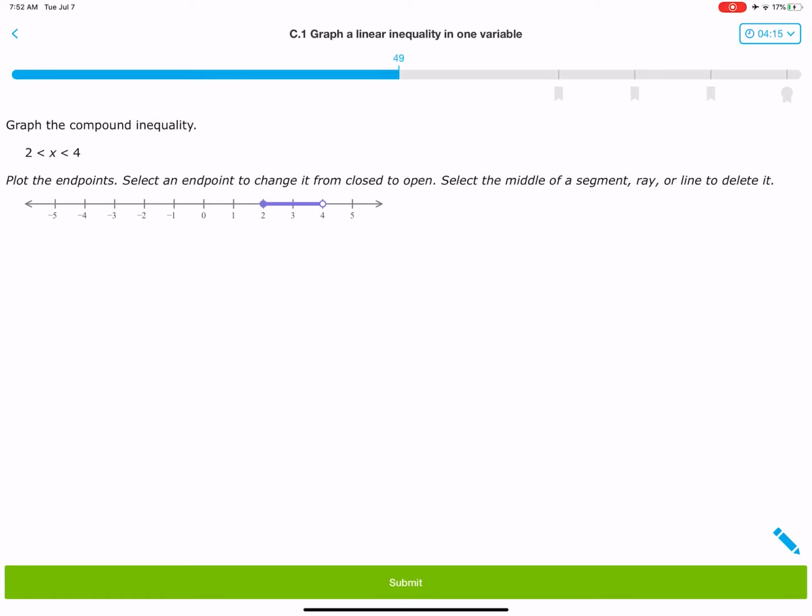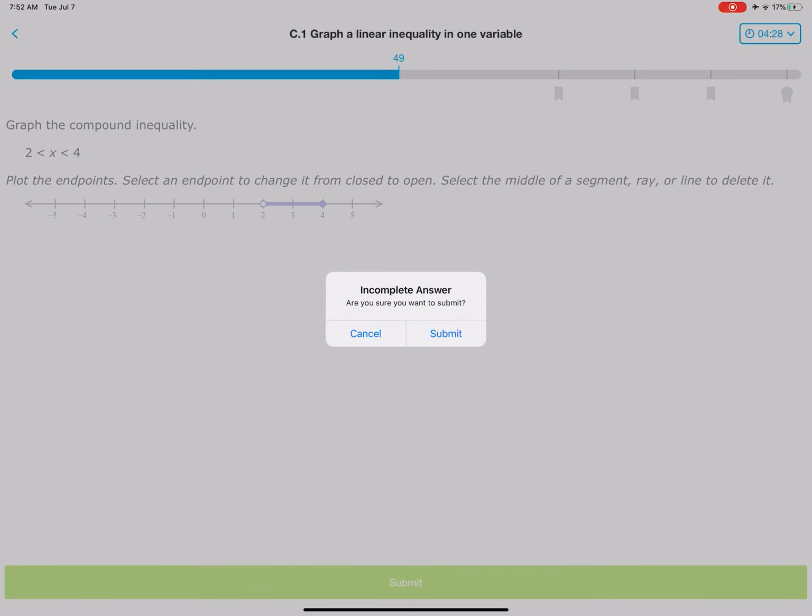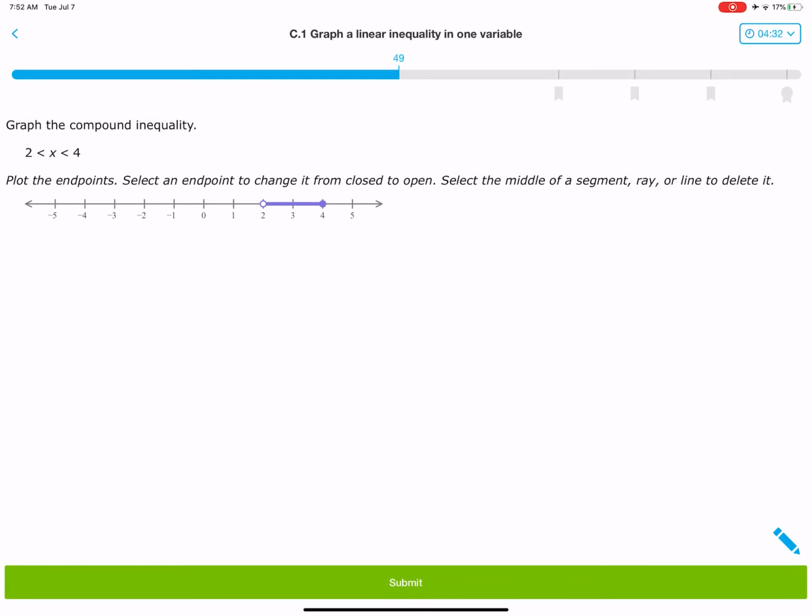So we start at 2, and x is going to be greater than 2, so it's going to go to the right of 2, but then it's going to go to the left of 4. And they're both open circles, so this is how we graph this one. Cancel because the dot needs to be open.